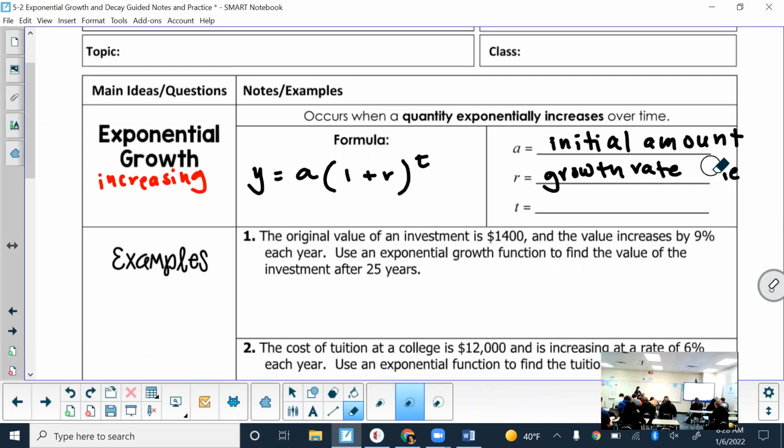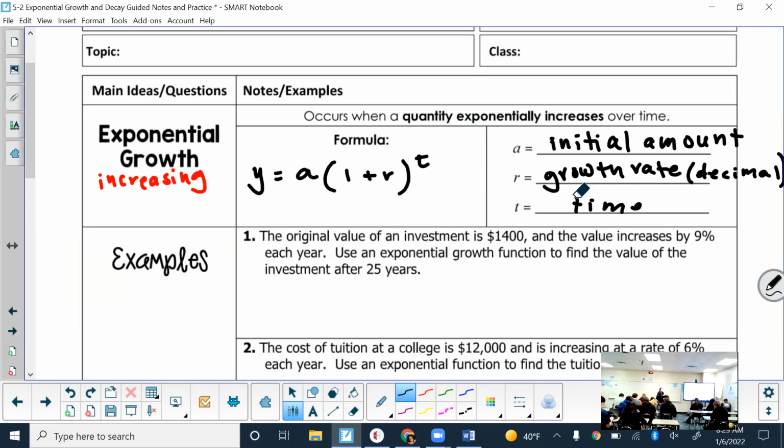You can write it somewhere else. All right, and then T will be time. So those are the 3 things you need to be able to identify in whatever situation it is in order to use that formula.